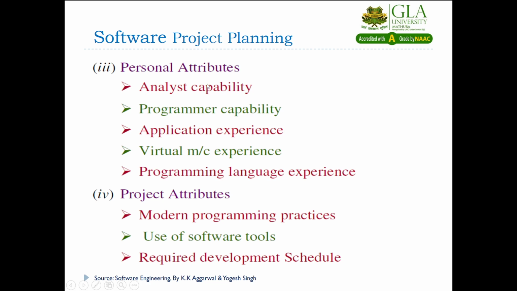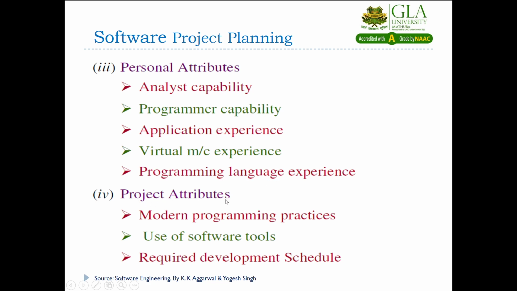Third, personnel attributes, which are related to the manpower involved in the development of the software. There is the analyst capability. If there is a person who will analyze, what will be the capability? Programmer capability, the application experience, whether the software developer has already worked on the same type of project or not, virtual machine experience, and programming language experience, how much he or she is expert in the programming language.